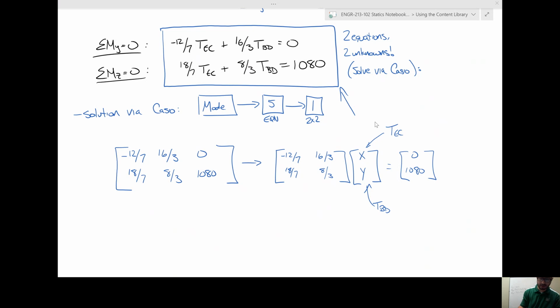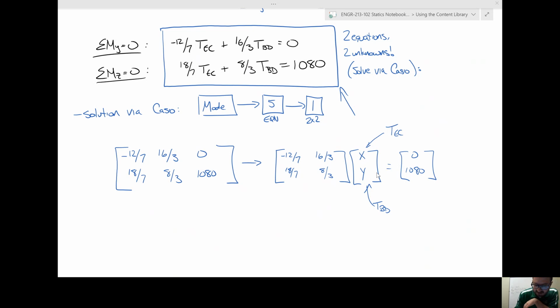So here's the Casio. Go to mode, 5 for equation, 1 for 2x2, and then minus 12 divided by 7.